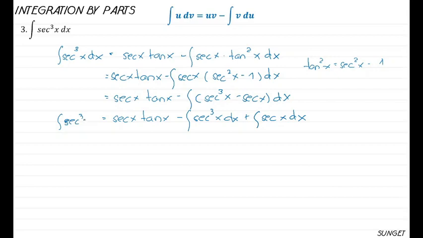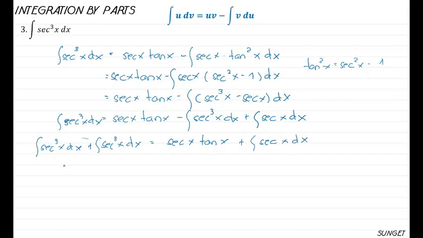So next, transpose this negative integral of secant cube x dx to the left side. So we have integral of secant cube x dx plus integral of secant cube x dx, equal to secant x times tangent x plus integral of secant x dx.